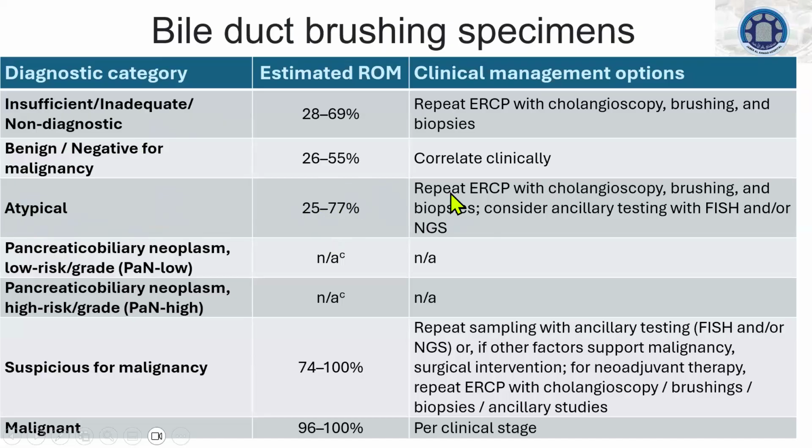And what is the management? Repeat ERCP with cholangioscopy, brushing, and biopsy. In our practice, usually they keep the patient on close follow-up and repeat if they have any doubt. But usually in the US, they are now doing ancillary testing with FISH and NGS, which up to an extent can help in putting the patient on either side.